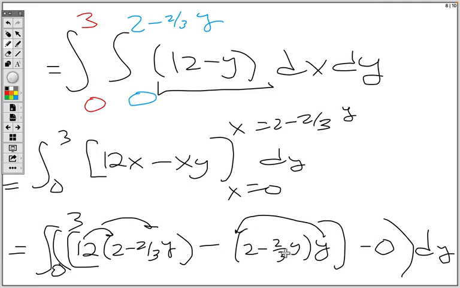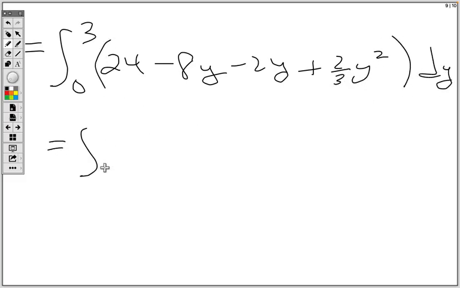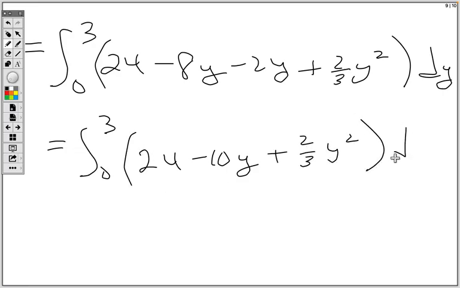I've got a minus and a minus. That's going to be a what? Plus 2/3 y squared dy. We can simplify that a little bit: 24 minus 10y plus 2/3 y squared dy.